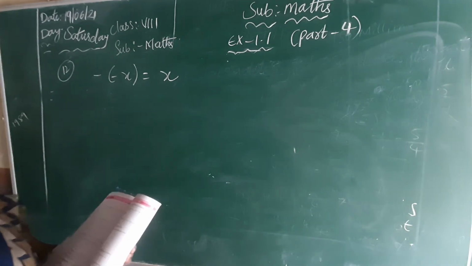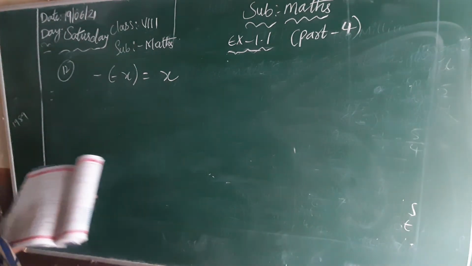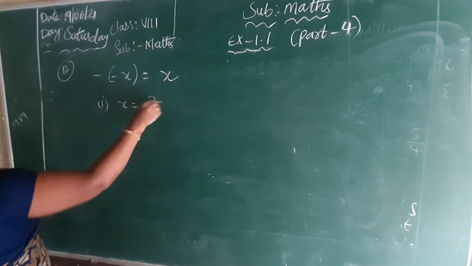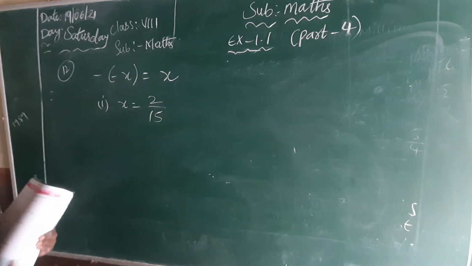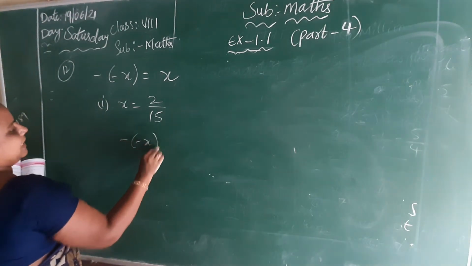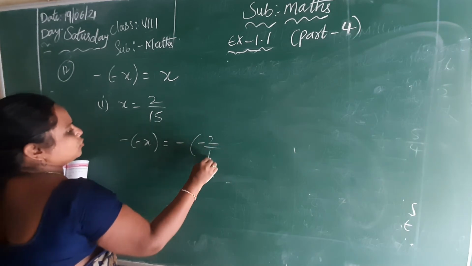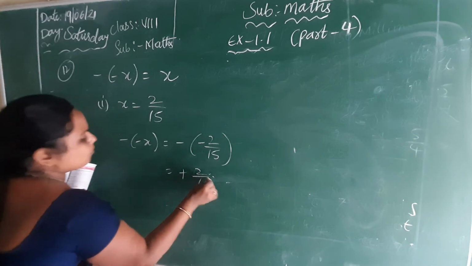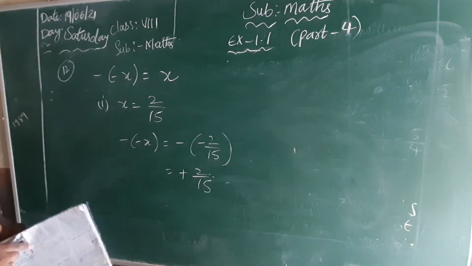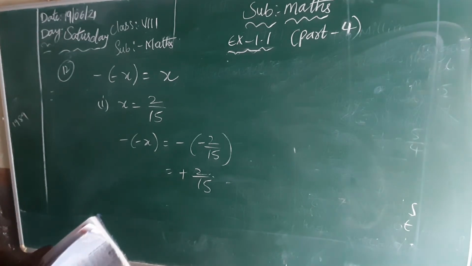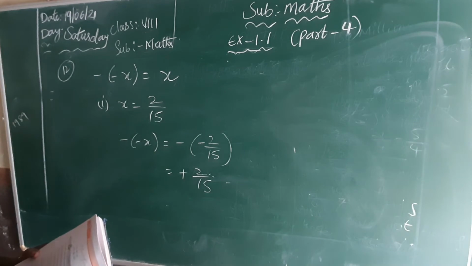First problem given x is equal to 2 by 15. So substitute here, minus half minus x, that is minus half minus 2 by 15. So minus into minus, plus 2 by 15. This is your 12th problem. In the same way, you check the second problem on your own.